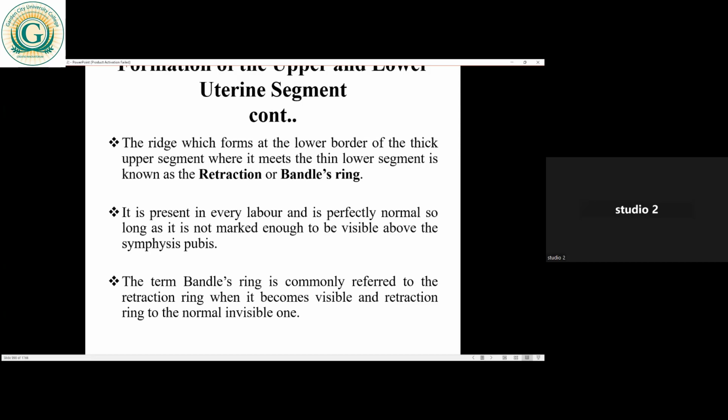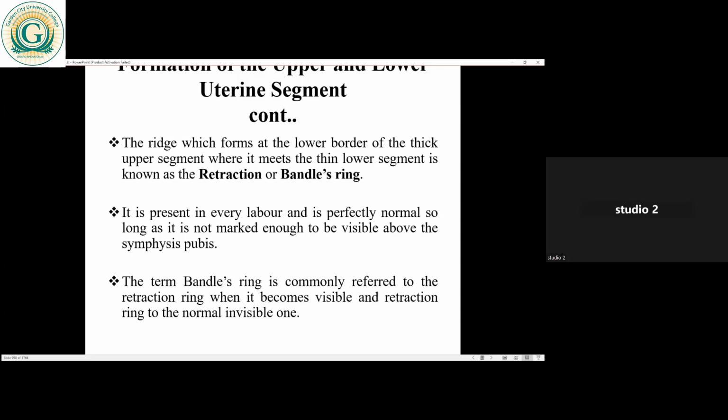Let me repeat. During labor, it's the same uterus, but the cervix area has an isthmus which stretches to form the lower uterine segment. And it forms a boundary with the upper uterine segment.